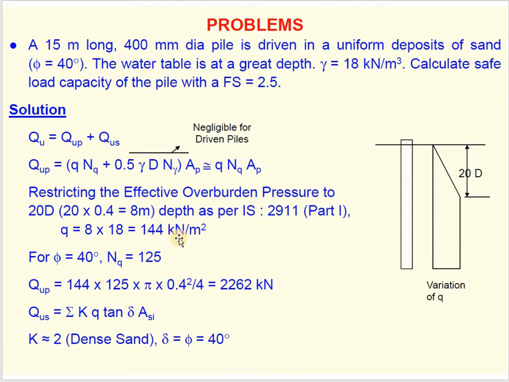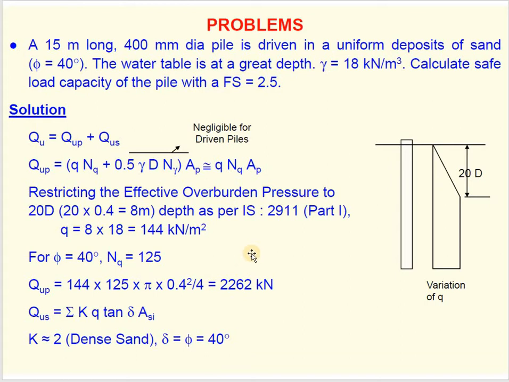Don't worry, from the exam point of view, all such constant values will be given. So QUP is 144 into 125 into the area. The area is the area of the pile tip, that is the area of the circle. Here it is a 400 mm dia pile, so pi d square by 4. So you have the end bearing resistance as 2262 kilonewton.